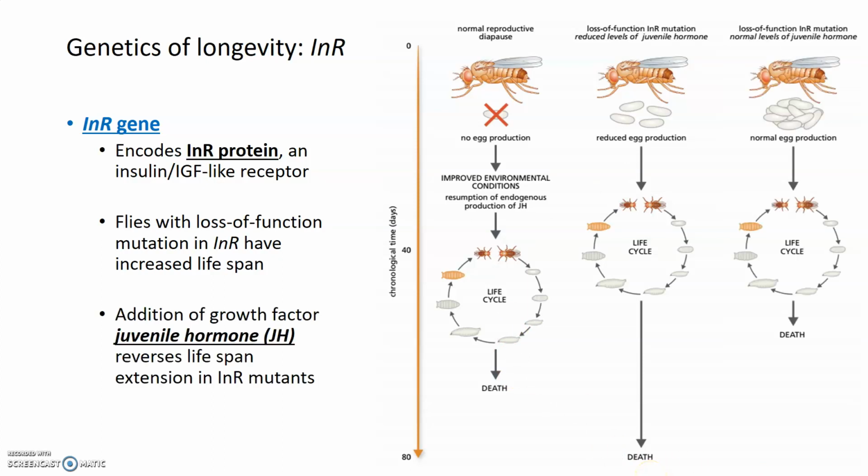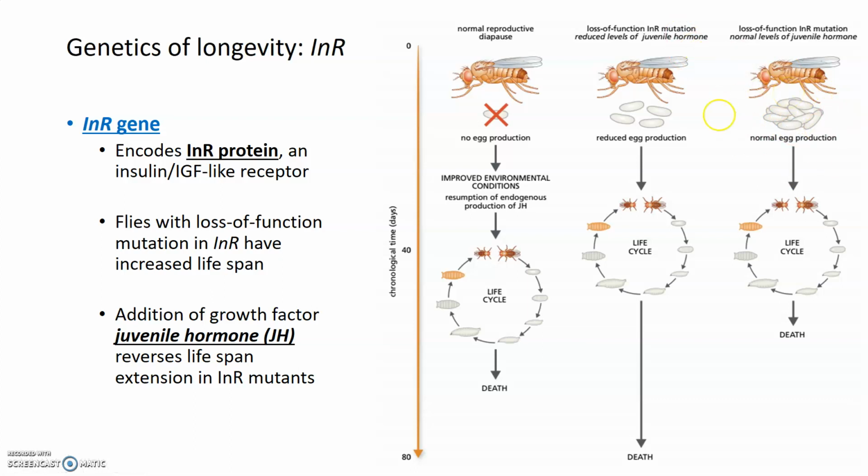Another thing that's important to point out is that you can actually rescue this loss of function insulin receptor mutation by adding additional insulin receptor substrate, one of which is a growth factor known as juvenile hormone. And so if you actually give flies with a loss of function insulin receptor mutation enough juvenile hormone to supplement any reduced levels in the mutants, they will undergo normal egg production.